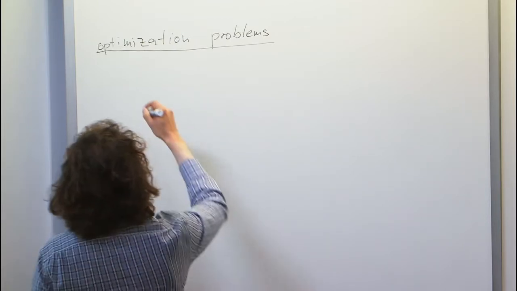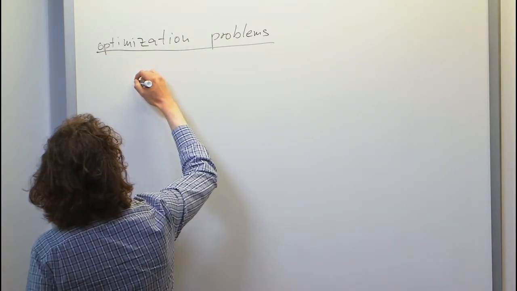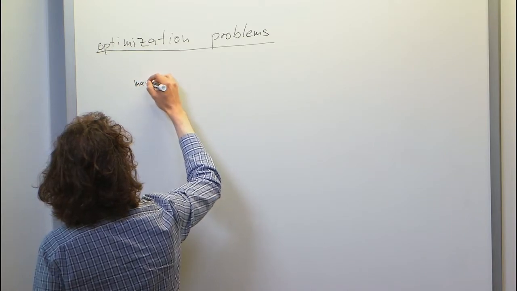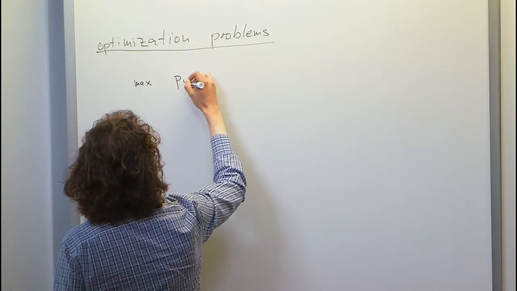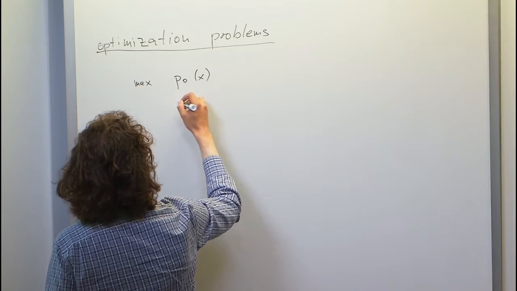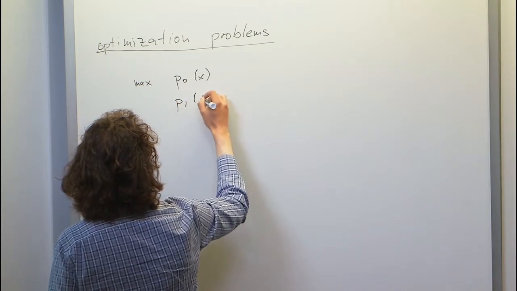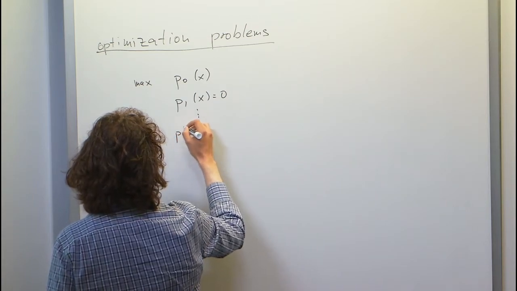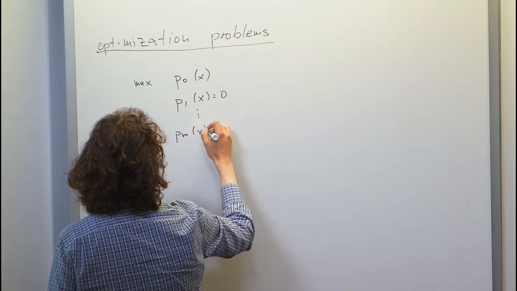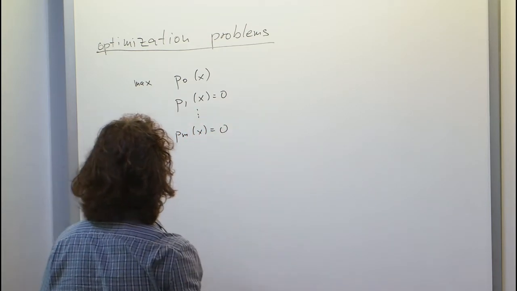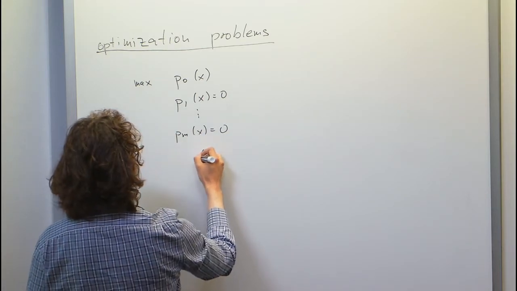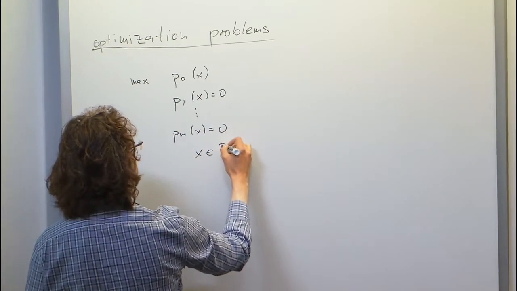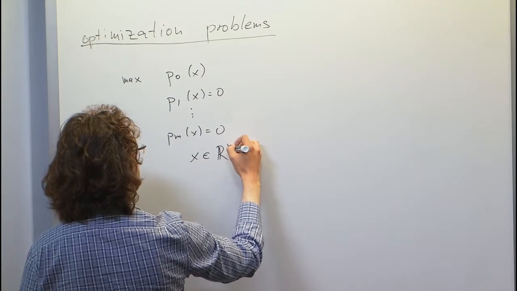The kind of optimization problem that we are interested in is of the following form. We have some function that we want to maximize, and we have some properties that we want of the solutions, encoded by these equations.